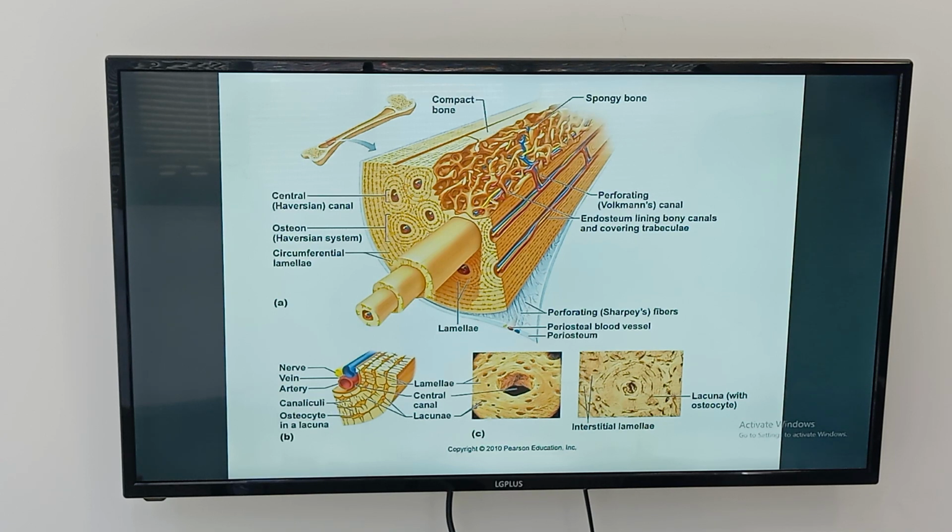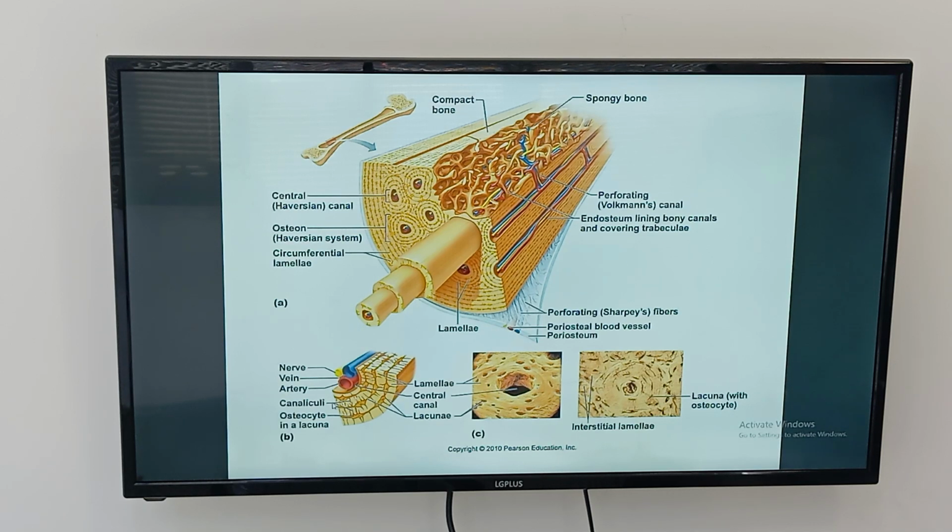Let's take a cross section. It's not a cross section, but a part of the Haversian or osteon system. We can see it's made of the yellow nerve, a vein, and an artery.